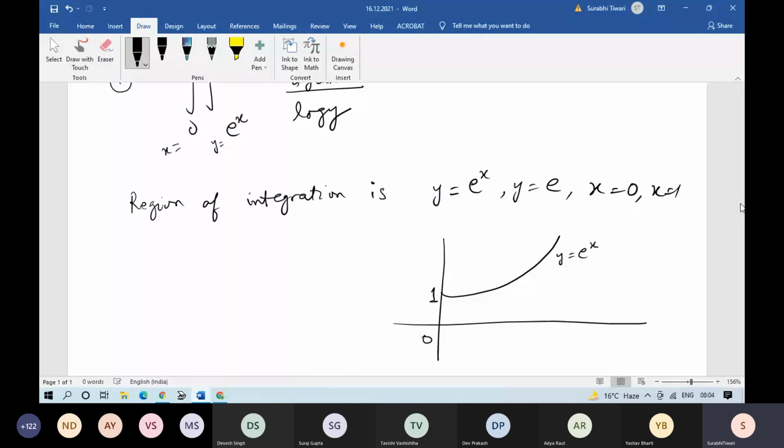This is 1. Now suppose this is y is equal to e. So this is y is equal to e and then x is equal to 1.